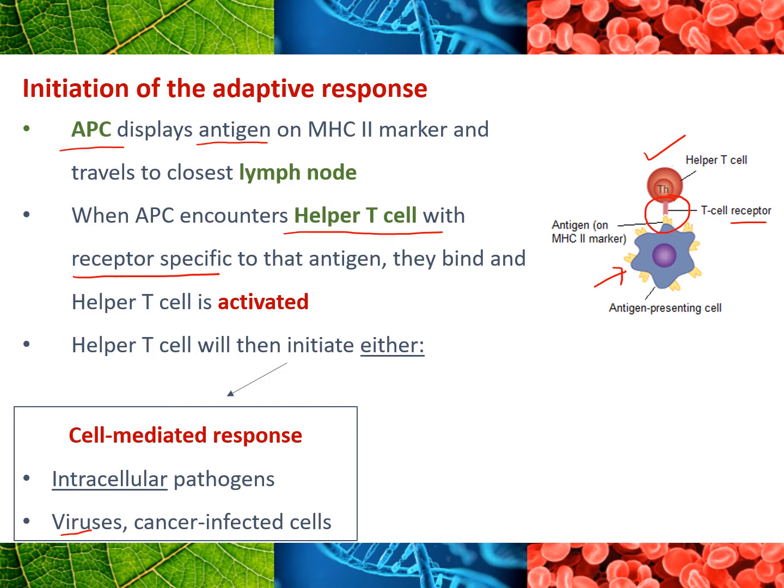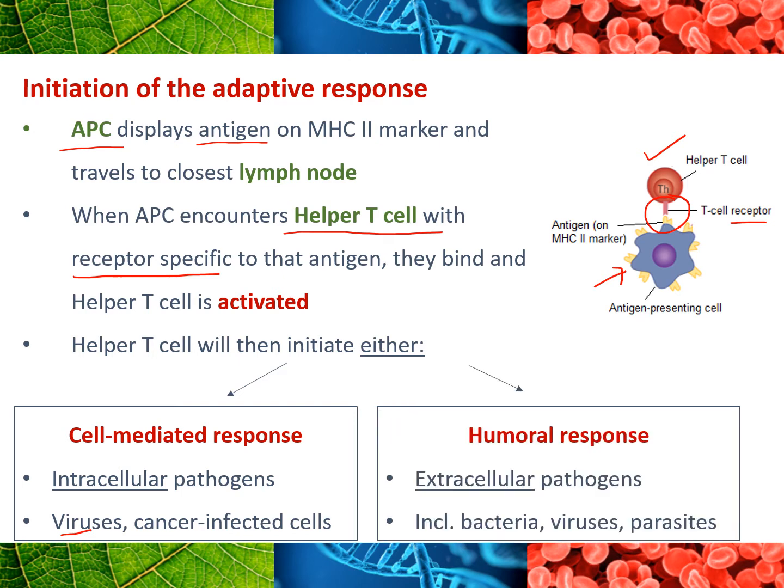And it's also the response for cancer-infected cells. The other response is the humoral response. So helper T cells are going to initiate this response for extracellular pathogens, pathogens that are floating in the body but aren't inside cells. And so this could be bacteria, it could be viruses as well, or parasites. And again, we'll look at that in a bit more detail further on.